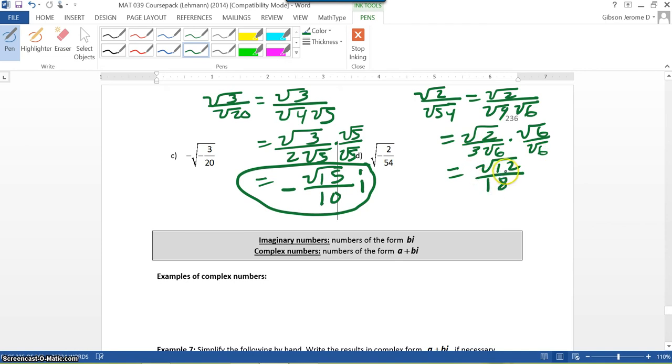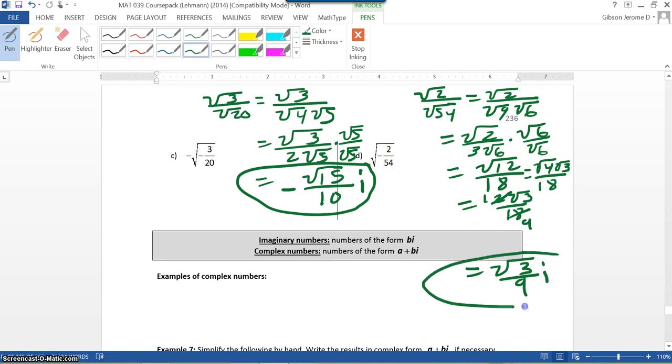But here's the problem. The square root of 12 can be broken down to the square root of 4 times the square root of 3. That'll be all over 18. So this would be 2 square root 3 over 18. Now 2 and 18 both have 2 in common. 2 goes into 2 once, 2 goes into 18 9 times. So our answer here would be the square root of 3 over 9. But remember, we had a negative under the radical, so it would be square root of 3 over 9, times i.